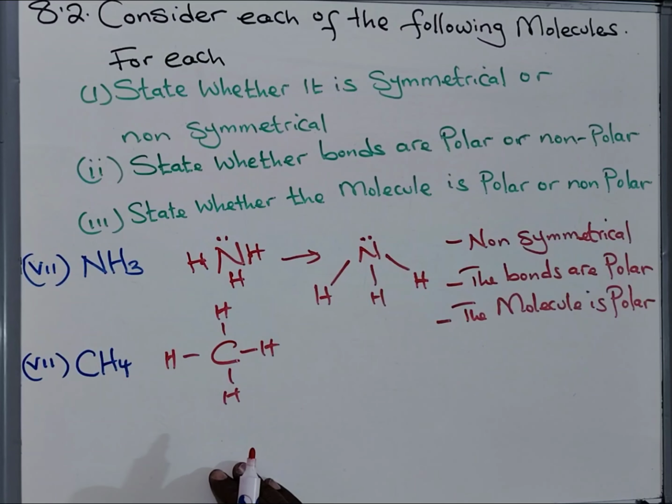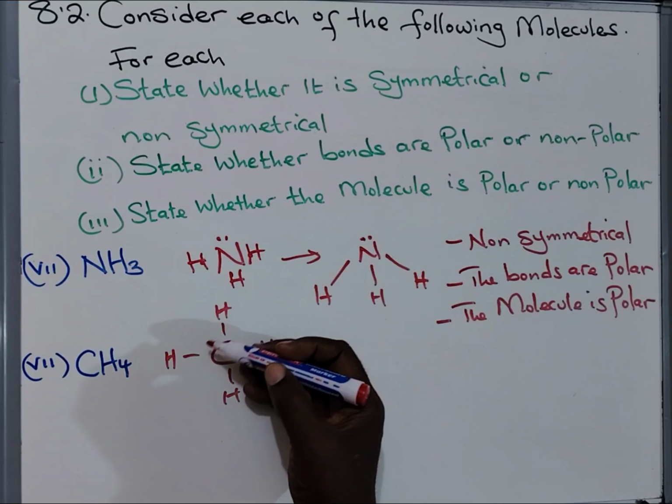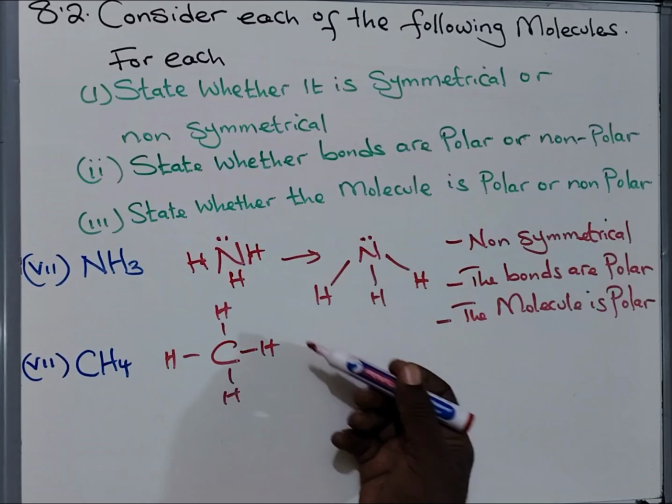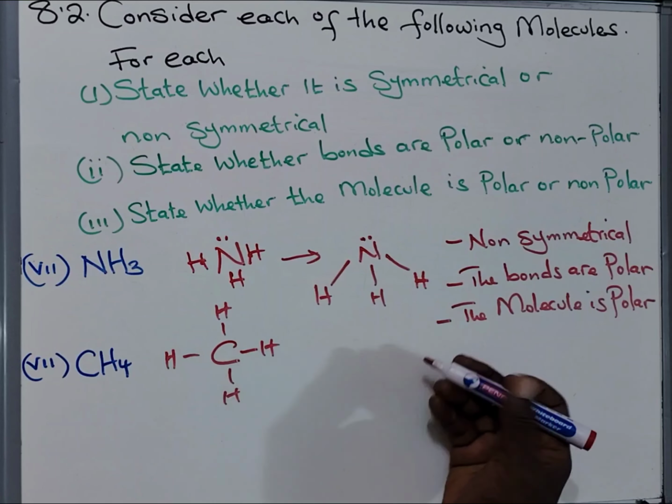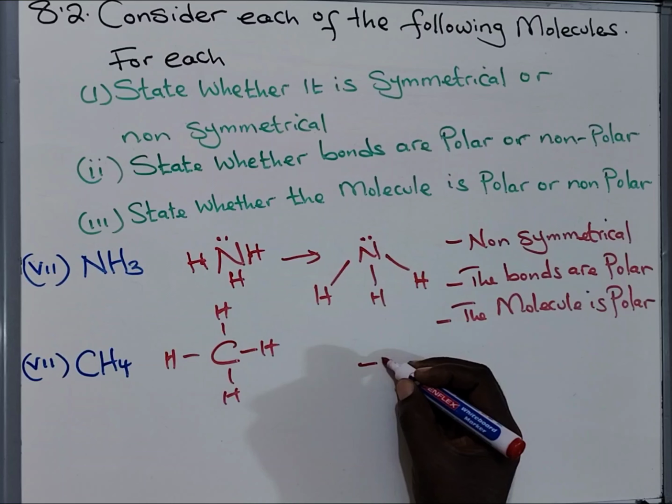Now, with this shape, what can we say? First of all, you have to know that the central atom doesn't have a lone pair to push these bonds out of symmetry. So the molecule is what? Symmetrical.